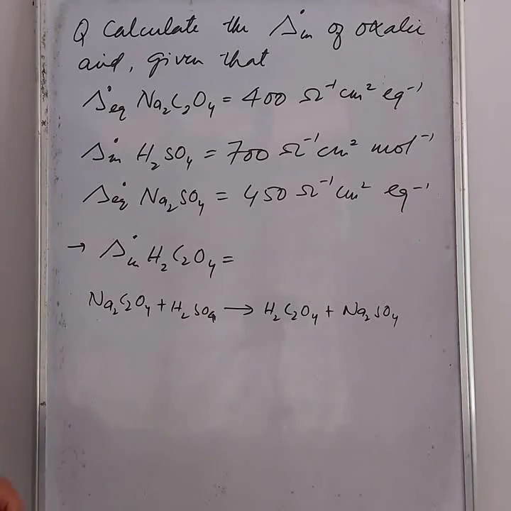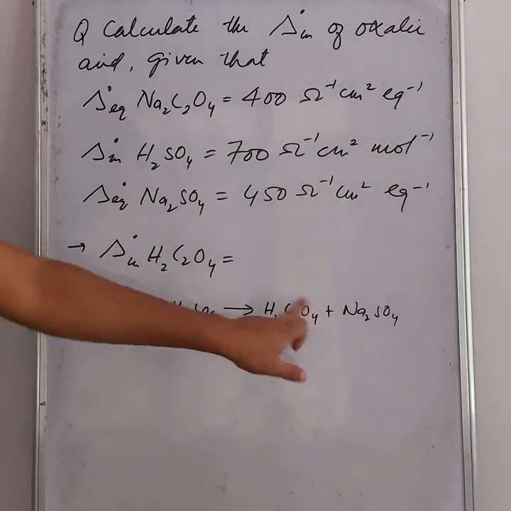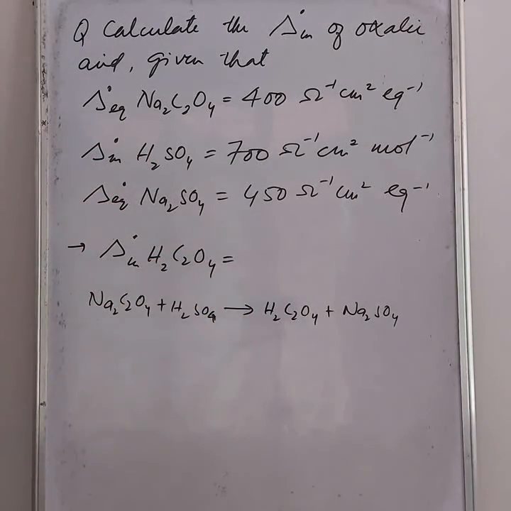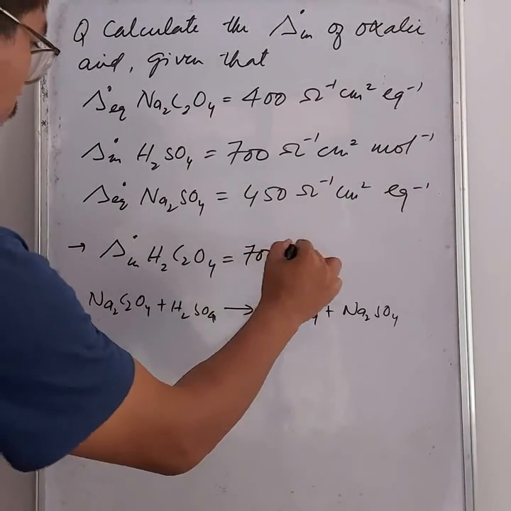So this is our equation. If we add these two and subtract this one, we'll get our oxalic acid. But the thing is, sodium sulfate and sodium oxalate are given in equivalents, but sulfuric acid is given in molarity. So we'll convert all to the same basis.